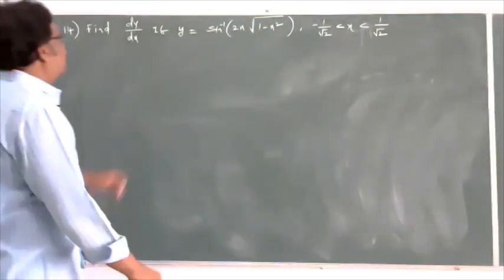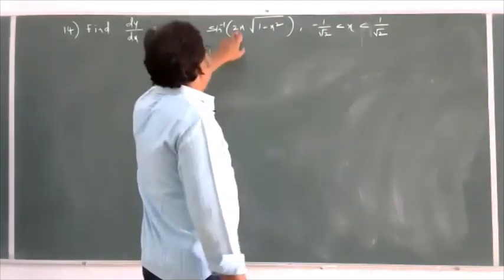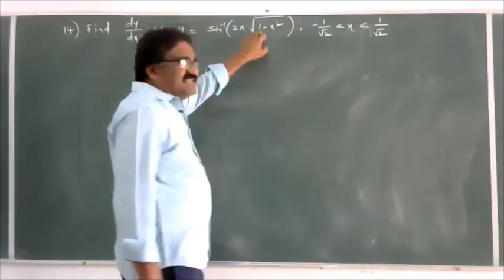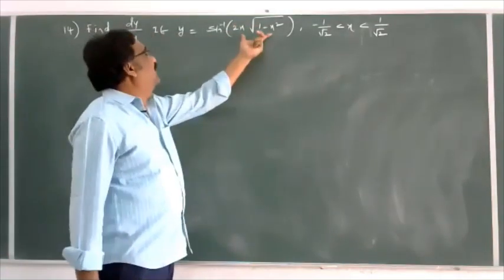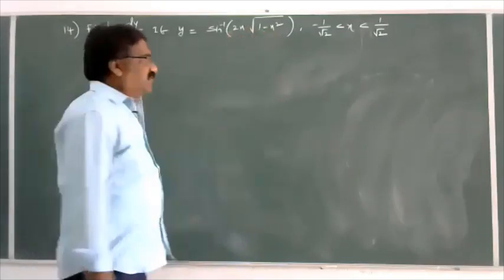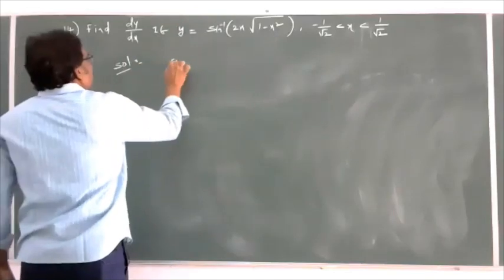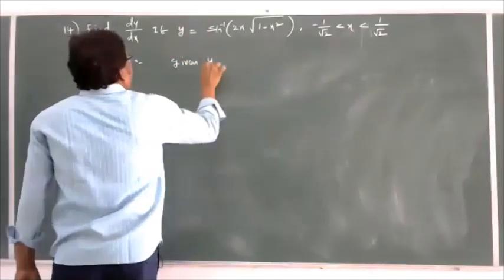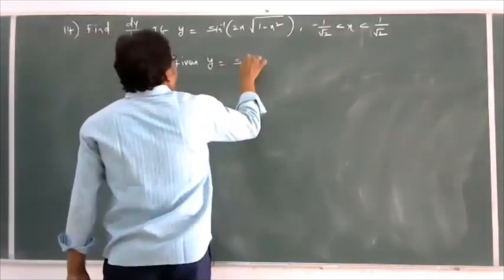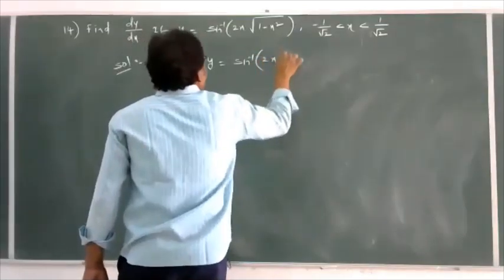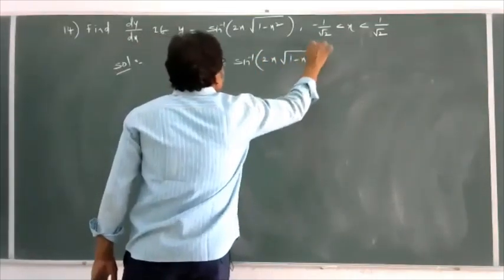First observe this: y is equal to sine inverse of 2x into root of 1 minus x square. Then we require a sine term. That's why, first, solution: given y is equal to sine inverse of 2x into root of 1 minus x square.